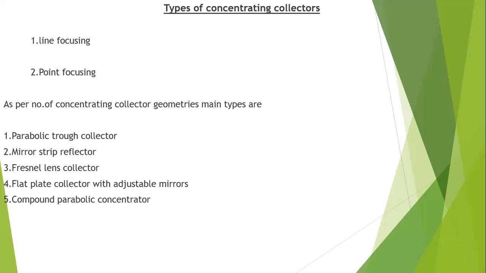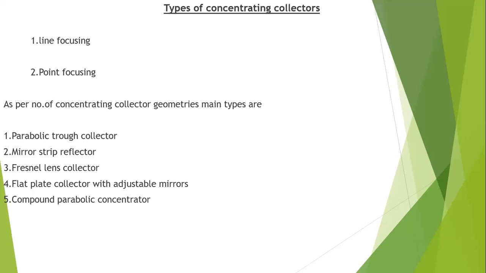So these point focusing collectors and similar apparatus can also be utilized to concentrate solar energy for use with concentrated photovoltaics. These photovoltaics will be discussed in the next chapter of your subject.